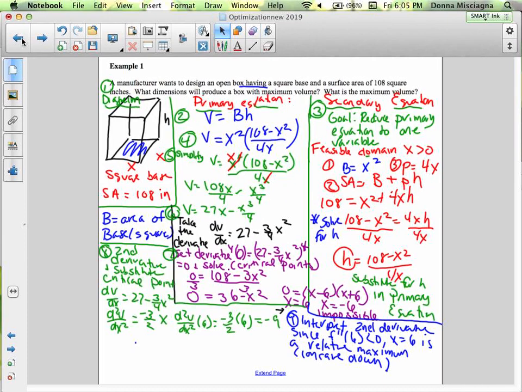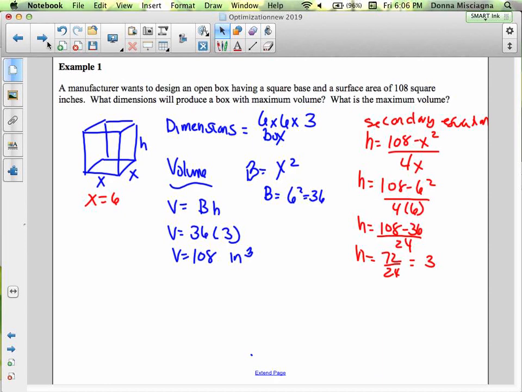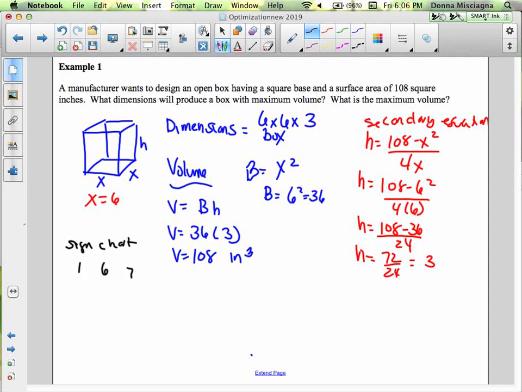What was the critical point? It was x equals 6. So if we do a sign chart, we can use 1 and 7, but I need the derivative, which is on the other page.